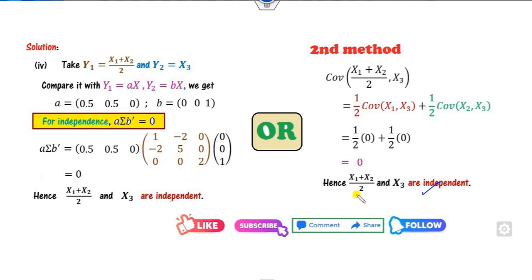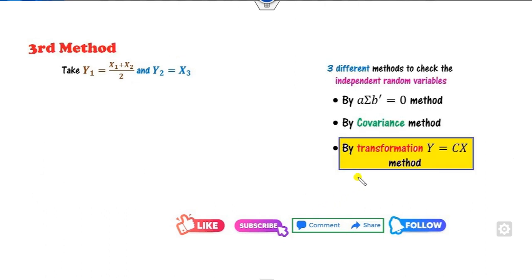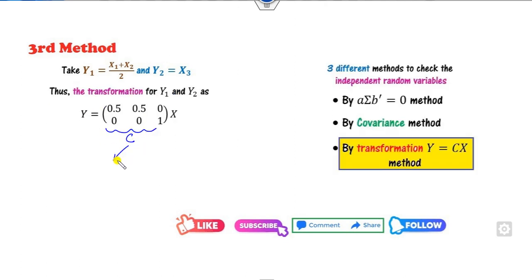The third method is you can use the transformation. I can take y1 and y2 here. You can write this matrix in the form of C times x. The first line is 0.5, 0.5, and for x3 it is 0; the second line is 0, 0, 1. So this is my C. Then what is the rule for the transformation? You have to check whether this matrix is singular or non-singular.